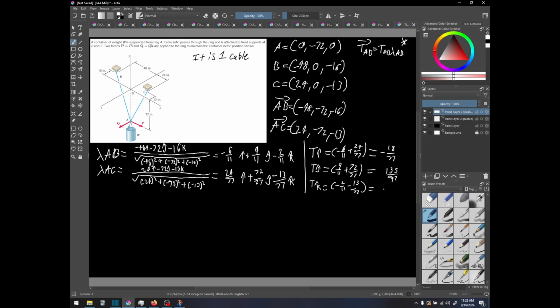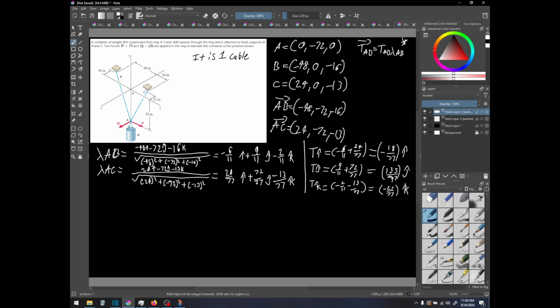And lastly, negative 27 over 77. And this is for the variable t.